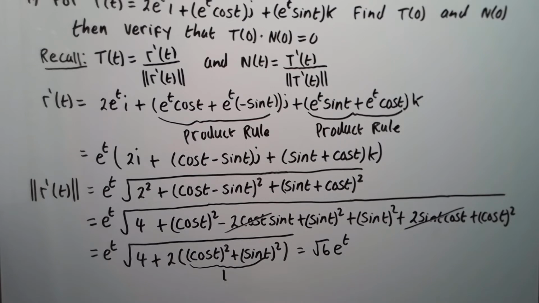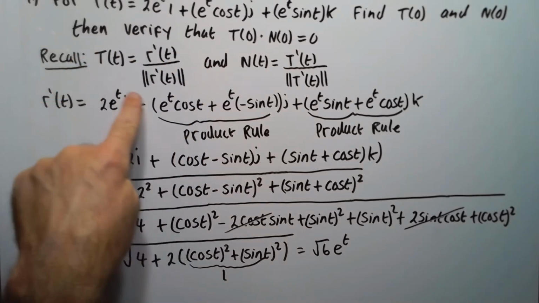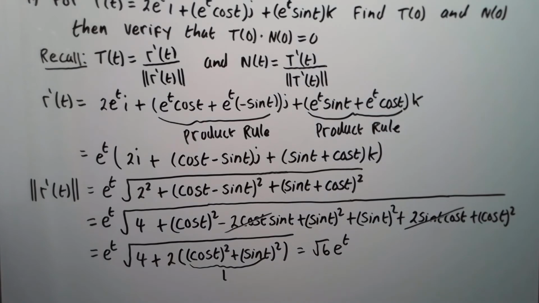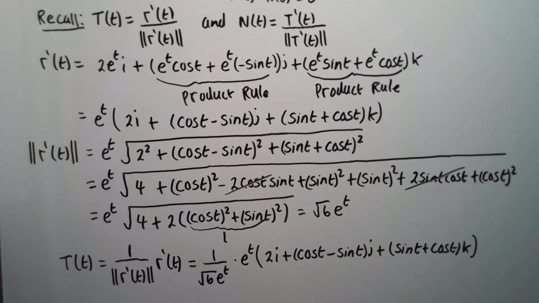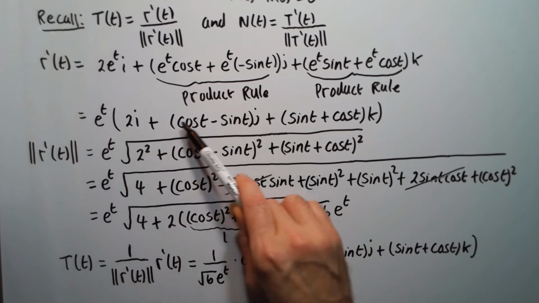Okay. So now let's find capital T using this guy up here. Our capital T is 1 over magnitude of r prime times r prime, and 1 over magnitude would be 1 over square root of 6 e to the t. Then r prime is right here. So put it here.